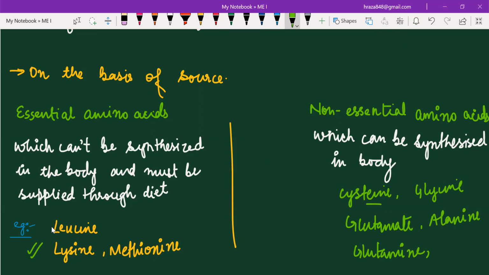Sir, what's the first example in non-essential amino acids? It is cysteine. Yes. If you still didn't get it, please ask.